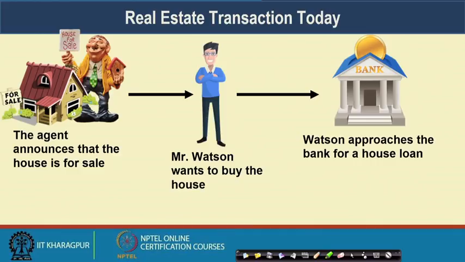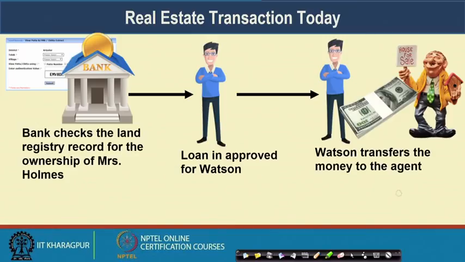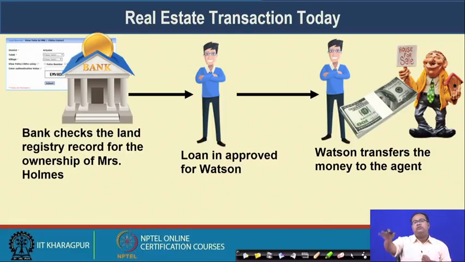But assuming there is no such dispute, say one buyer, Mr. Watson, wants to buy this house. Mr. Watson approaches a bank for a house loan, and then the bank also checks whether the house Mr. Watson is going to buy actually belongs to the property owner who is claiming it, here Mrs. Holmes.